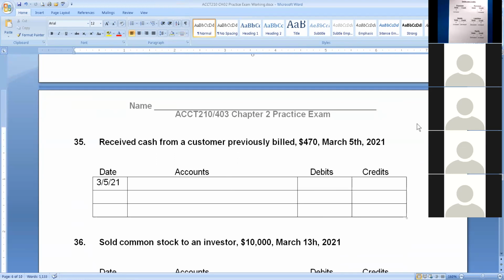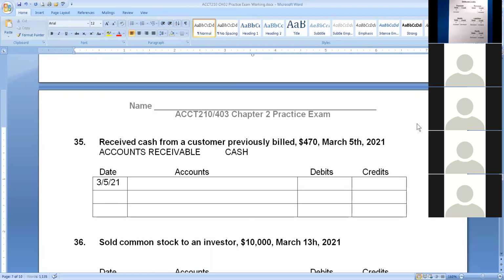35, receive cash from a customer previously billed. A little bit of a tricky one. What accounts? Would it be accounts receivable? Yes. And what's the other one? Cash. Yep.